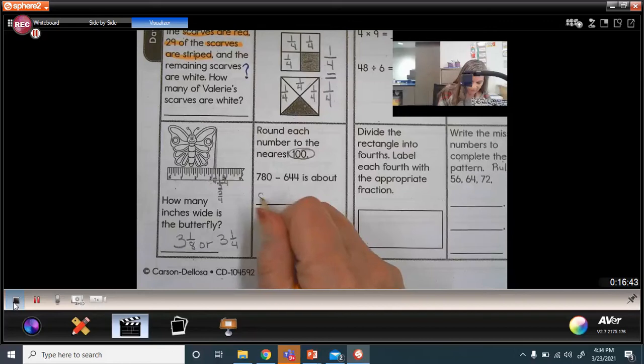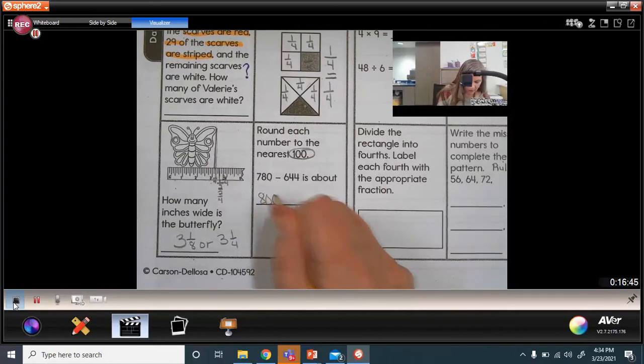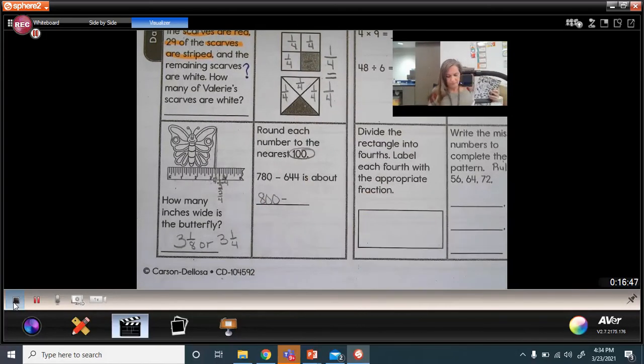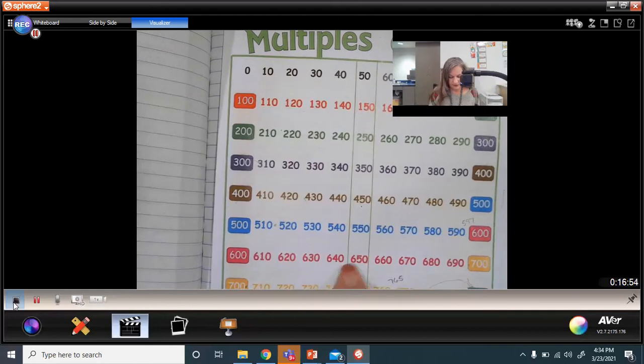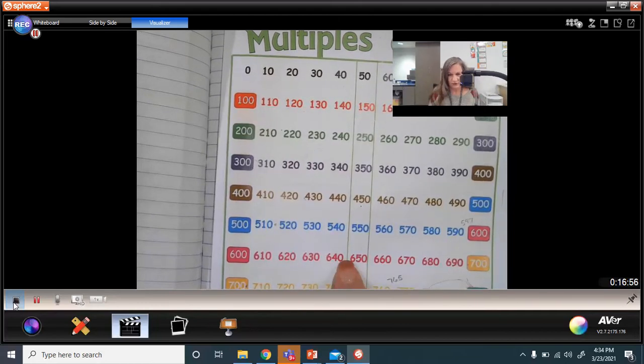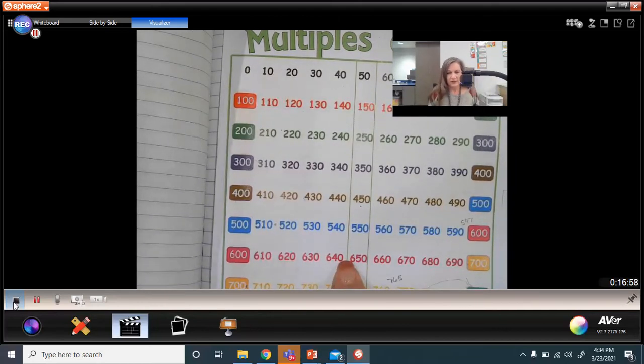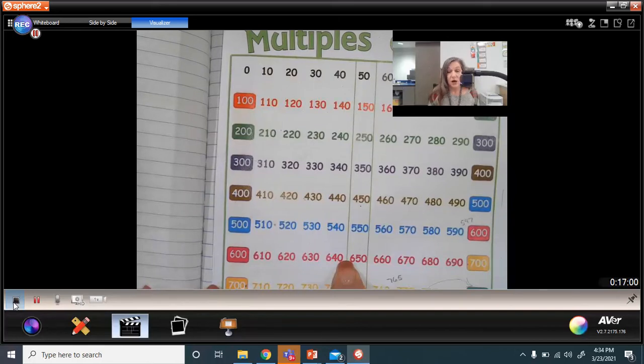So I'm going to write that down right here. Now I'm going to round 644. 644 is going to be between 640 and 650, right in here somewhere. Again, we're not rounding to the nearest 10, we're rounding to the nearest 100.